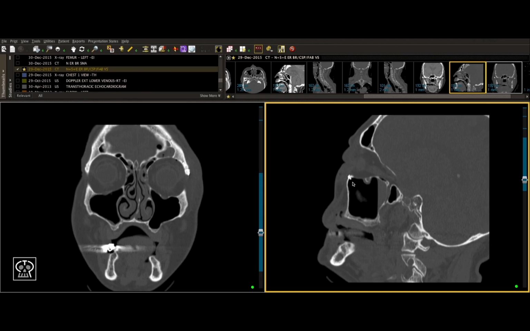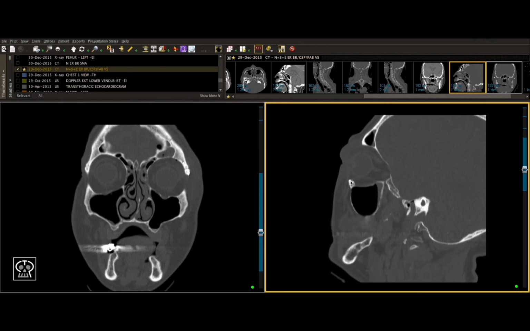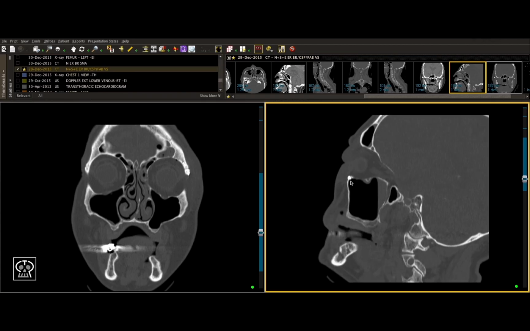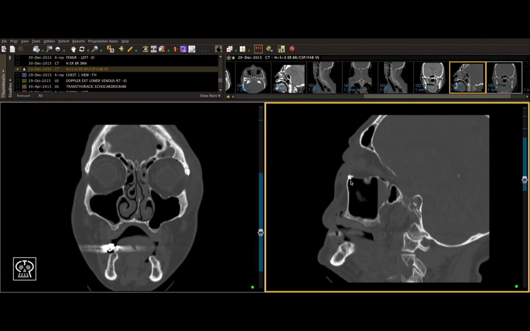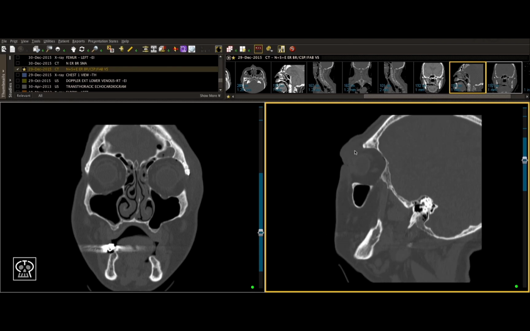In addition, in the sagittal plane, you can see the small metal screws and a plate that's here on the infraorbital bar. Once again, scrolling through, there are no obvious signs of fractures, other than the one we saw at the orbital roof. Let's now look at our axial view.